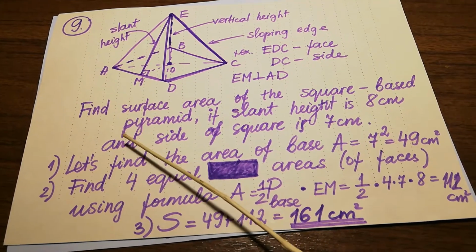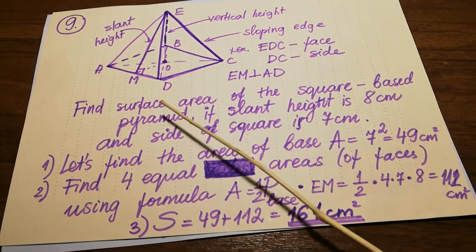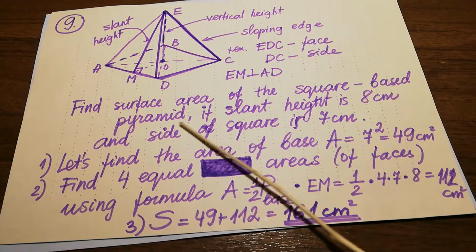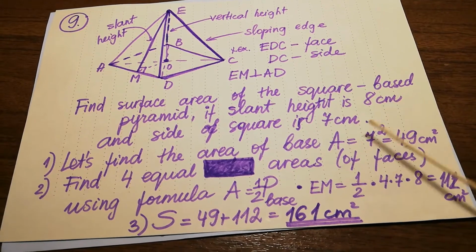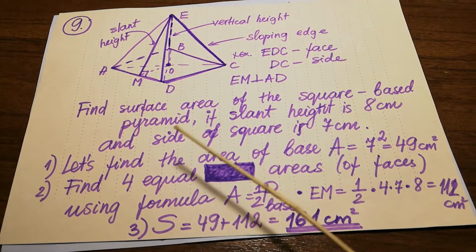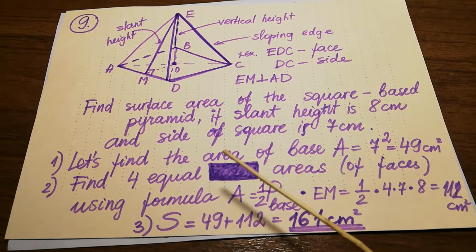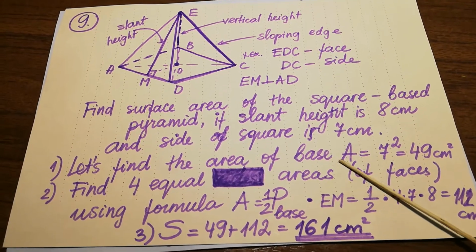Let's solve one task. Find the surface area of the square-based pyramid if the slant height is 8 centimeters and the side of the square is 7 centimeters. First, let's find the area of the base.